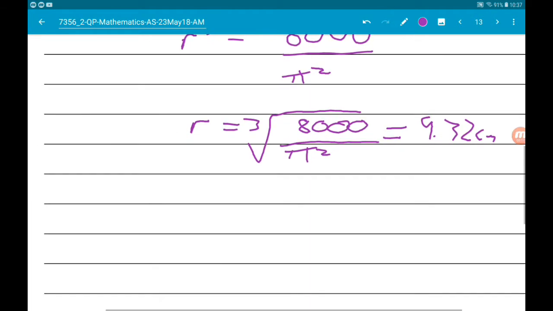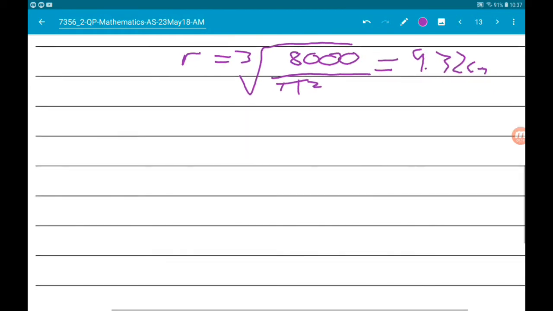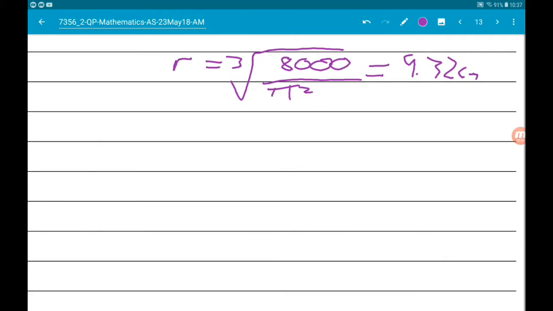Now, from that, what we can also do is work out the value of h. So remember that we knew pi r squared h was equal to 8,000.